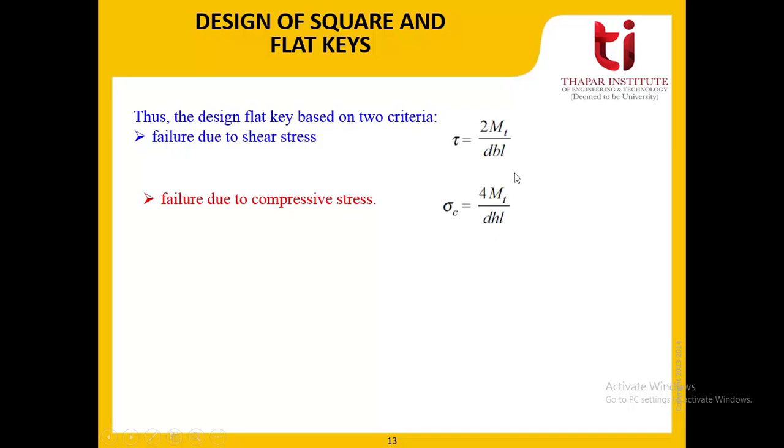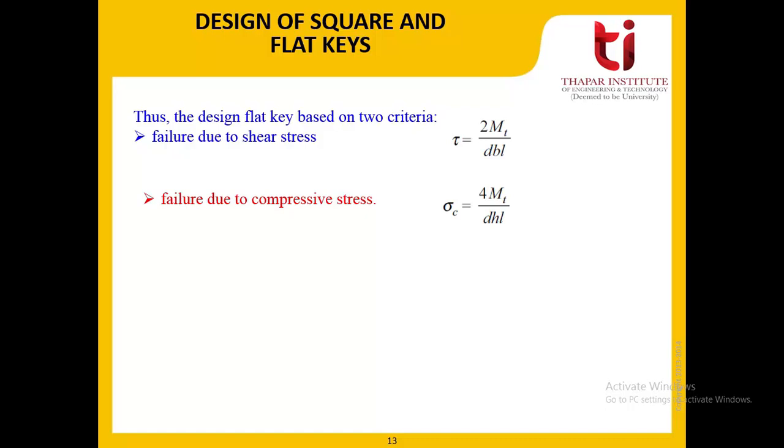If we see these expressions clearly, shear stress is independent of the thickness, and compressive stress is independent of the width. That is clearly the reason why, while taking the areas, that parameter is not taken into account.